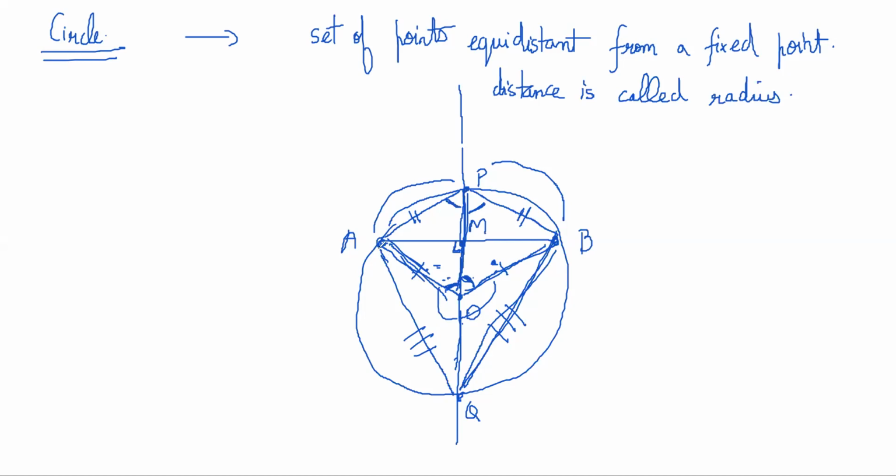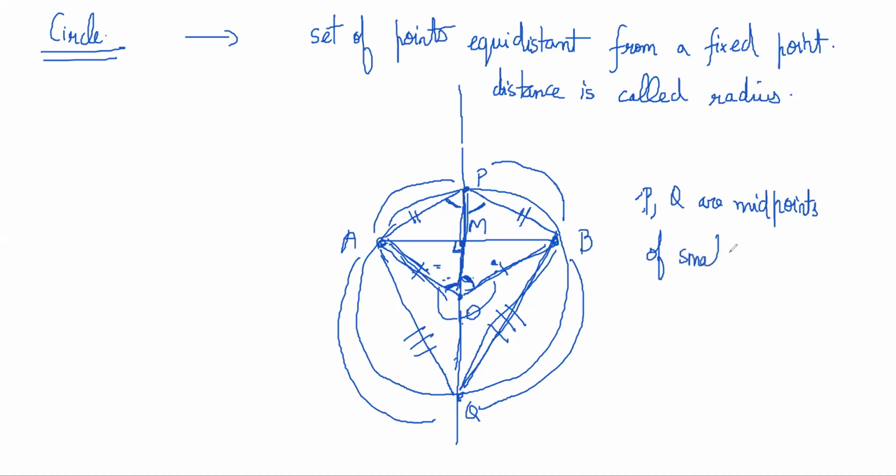So chords are equal, so then arcs are also equal, no? These arcs. Yes. So what we are getting is that the points P and Q are midpoints of the arcs, no? P and Q are midpoints of the small and the big arc, right? Smaller and bigger arc. Correct? Yes. Are you getting that?